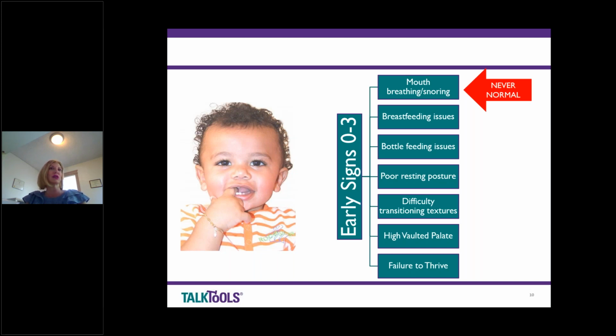So lactation consultant, really important there, IBCLC, to figure out what is happening between the baby and the mom as a dyad, to try to chip away at the complex layers of breastfeeding issues, and figure out what's causing them. Bottle feeding issues.